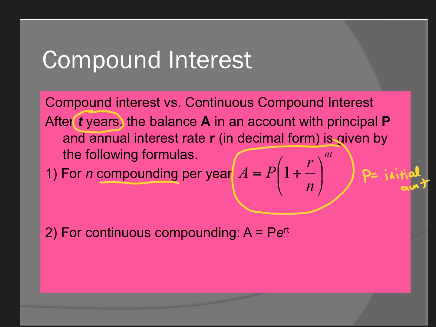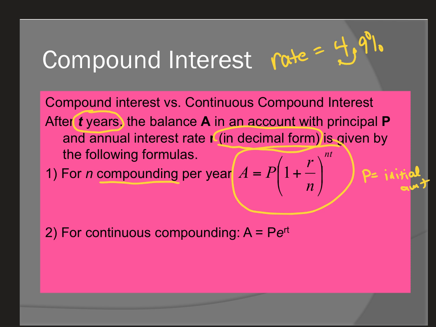Another thing that's really important, guys, is your interest rate. Say they give me the interest rate of 4.9%. What does it say right here that your interest rate has to be when you put it in your formula? In decimal form. Is 4.9% in decimal form? Nope. It's got a percent sign on it, doesn't it? How do you change a percent to a decimal?